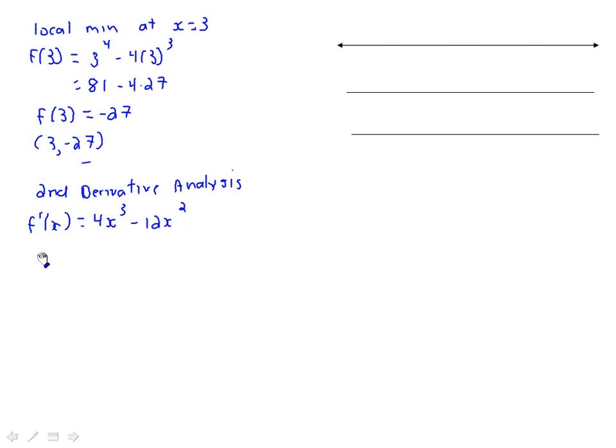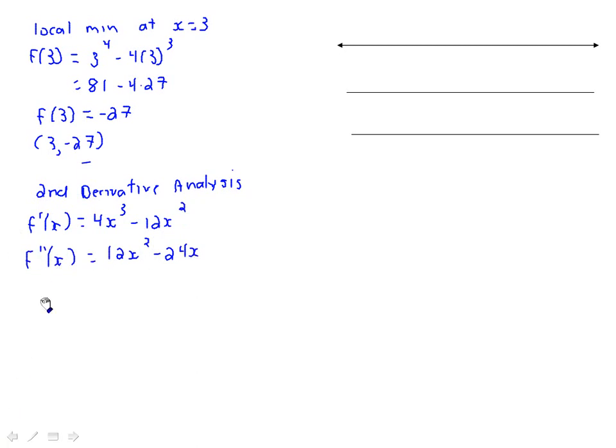Now we take the second derivative. So f double prime at x is equal to 12x squared minus 24x.